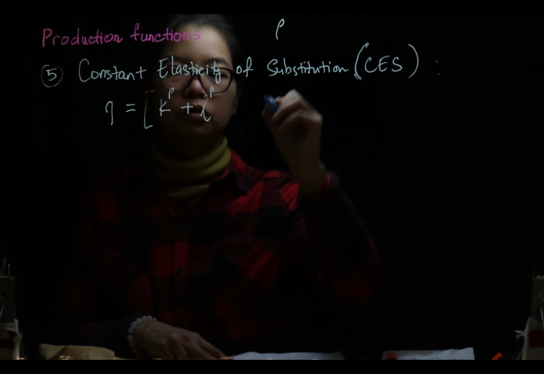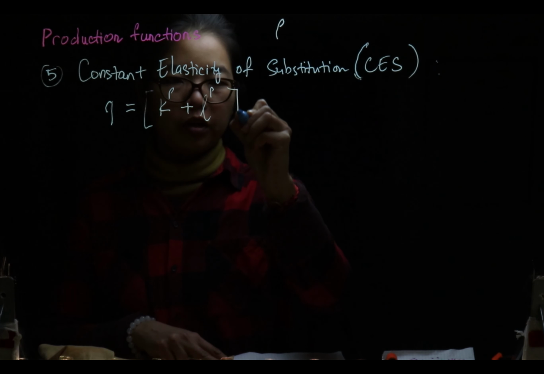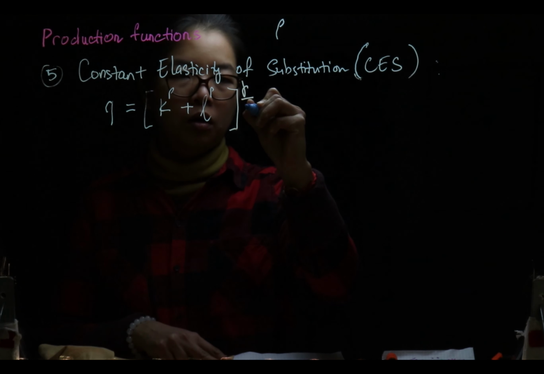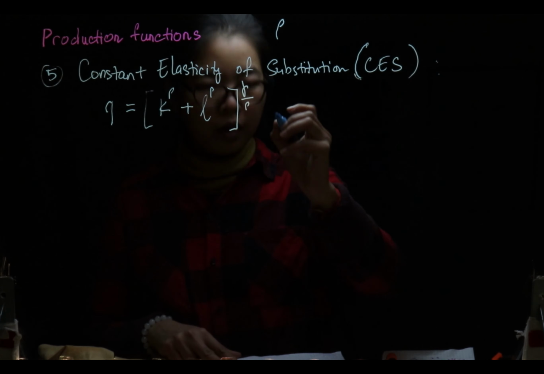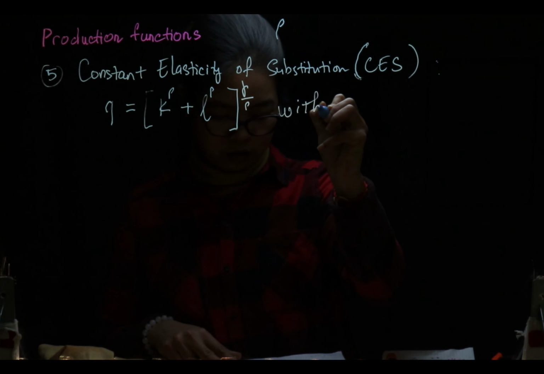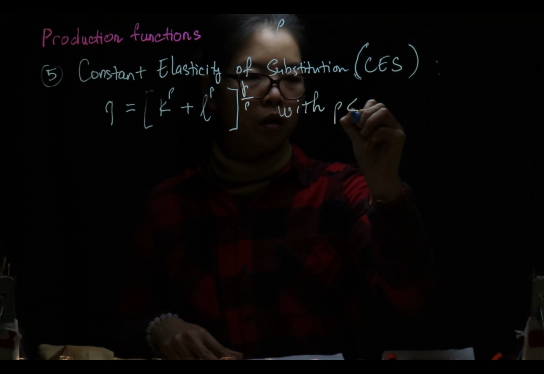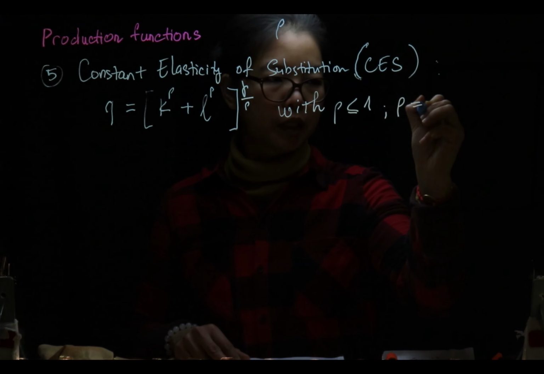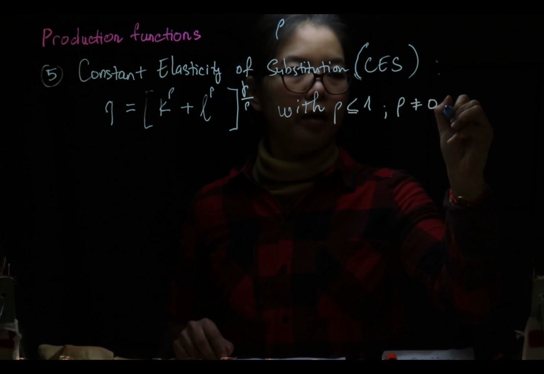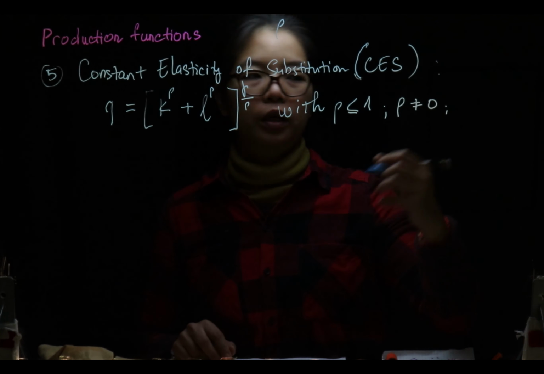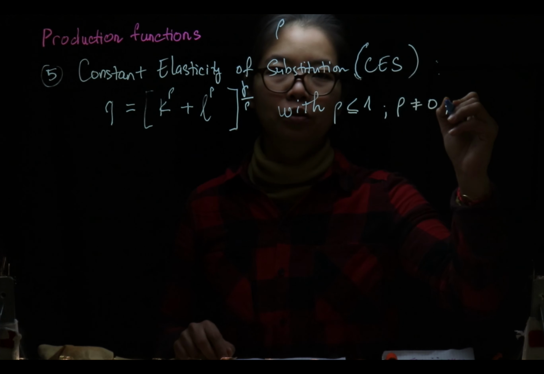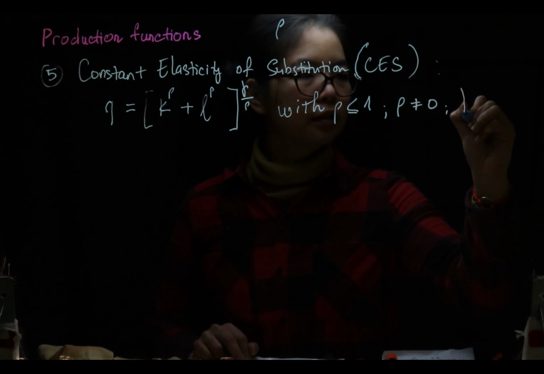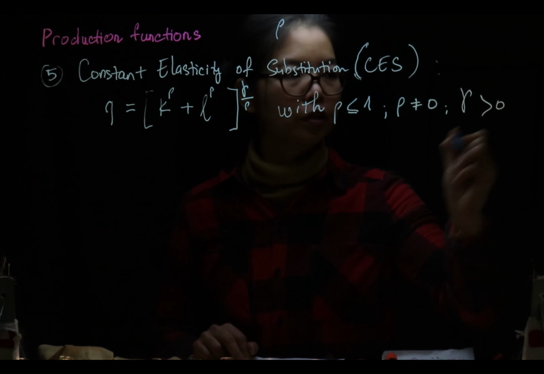That's right, it's rho. With rho not larger than 1. This also should not be 0. I mean, there's a generalized case where it's 0, but then it's down to some other production function. You might see it in the textbook. And gamma larger than 0.